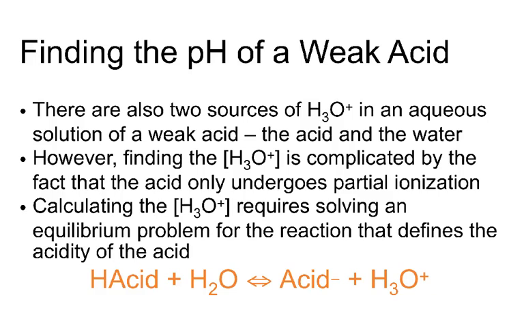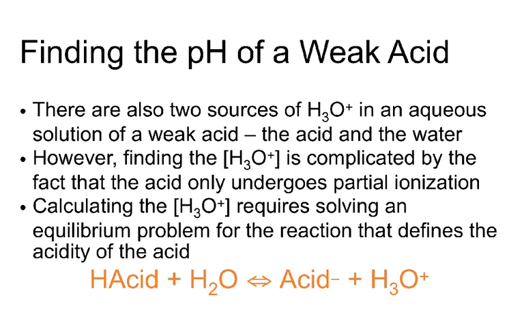All right, we talked about finding the pH of a strong acid. A strong acid completely ionizes, so to find the pH, you just take the concentration of the acid, and that is your H plus concentration. For a weak acid, we have two sources of H3O plus because there's the acid, but then water itself gives some H3O plus.